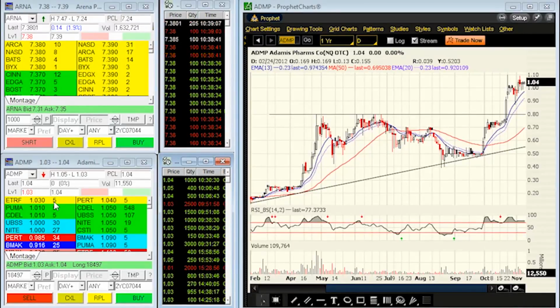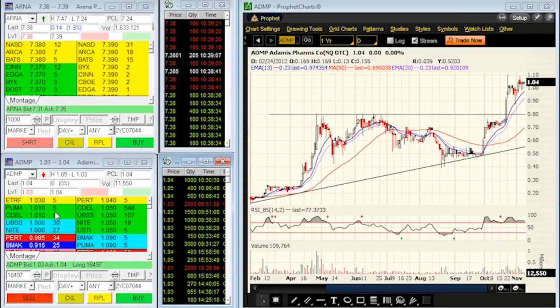I have 18,000 shares right now. If I wanted to get rid of this stock, being that it's relatively low volume and low liquidity, I couldn't get rid of all my shares at 1.03 right now, because there's nobody sitting here on the bid for me to sell to. We only have 1,500 shares, plus another 3,000, another 2,700 at $1.